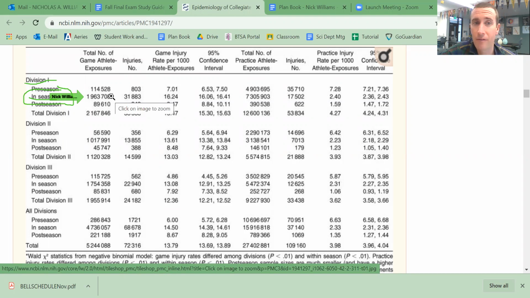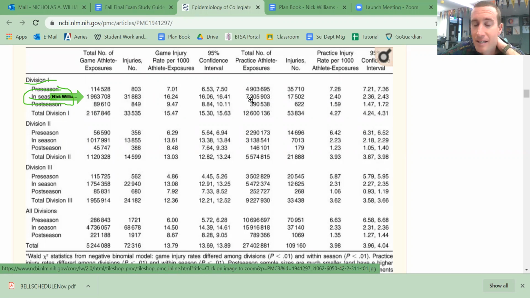So that would be the number of times that an athlete plays a sport in the season. 31,000 or 32,000 injuries, if I'm rounding. That gives me 16 injuries per 1,000 athlete exposures. And then the 95% confidence interval says that's within 16.06 to 16.41. That's based off of how much variation could there be in that data. So that is in games.